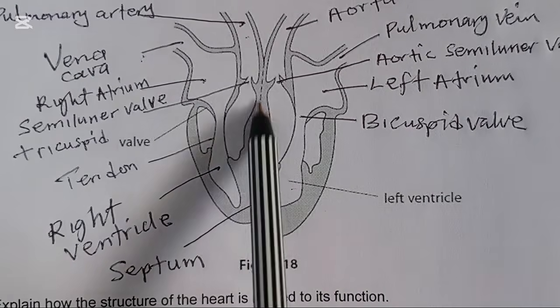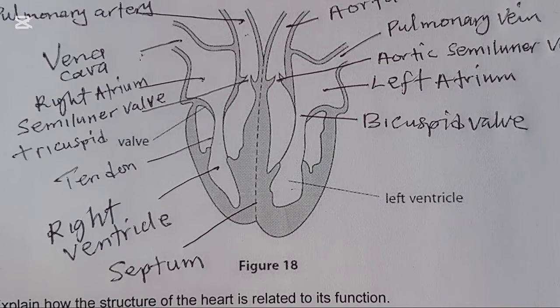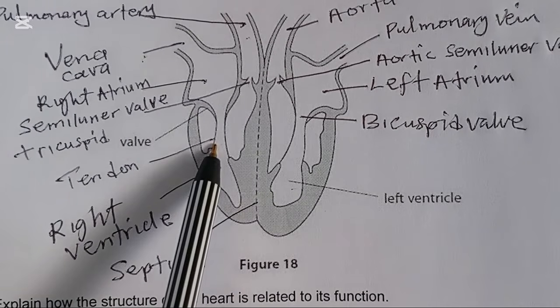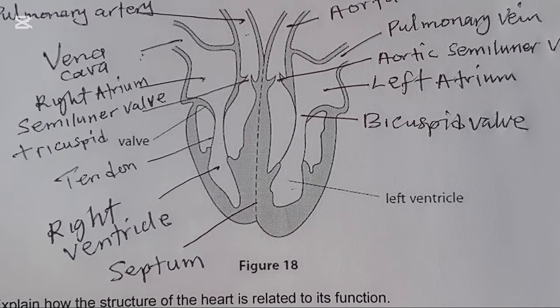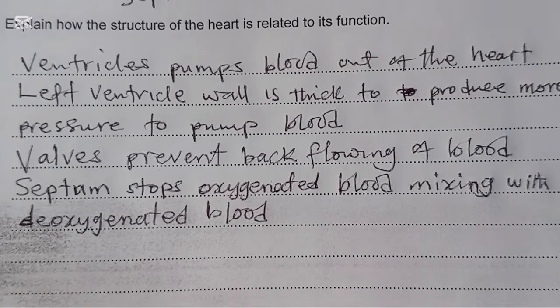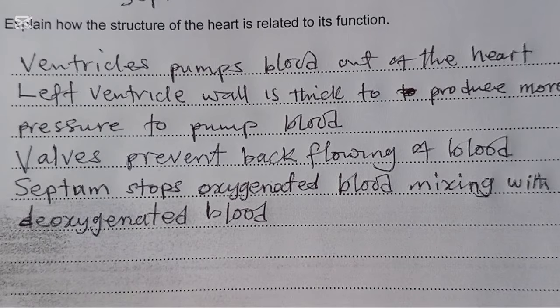This is the septum. Then the heart has the vena cava, which carries deoxygenated blood from all parts of the body to the right atrium of the heart.